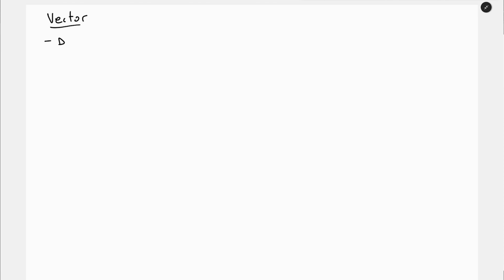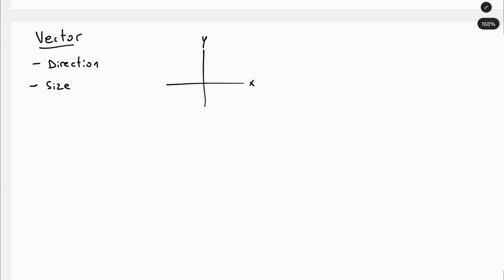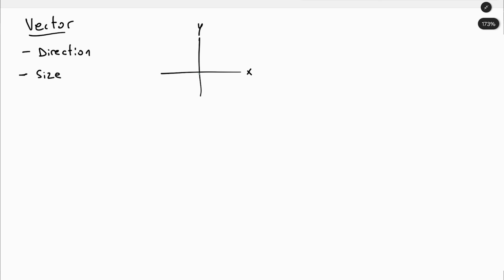So a vector has a direction and a size. Let me give you an example. In the xy plane, let's say from origin 0 to here, we have a vector, and this is 3 and this is 3. So our vector is pointing to 3, 3. So it has a direction and size. And for example, maybe another vector pointing this way.